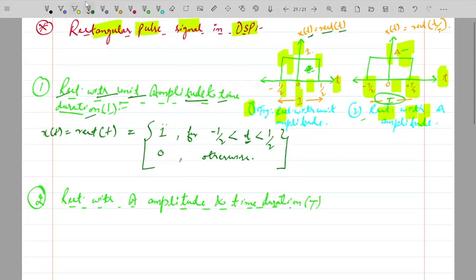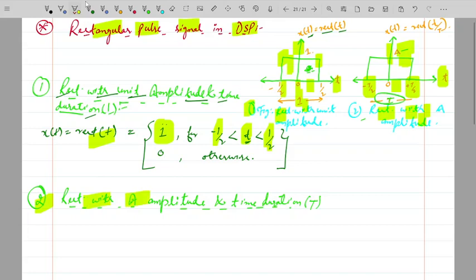Let's understand this: for the one width of this rectangular signal, the value of t lies between the two half values of this width, minus 1 by 2 and 1 by 2, otherwise 0. So this is the rectangle with unit amplitude, when the width of the rectangular pulse is also considered as unit. Now let's move to the second condition.